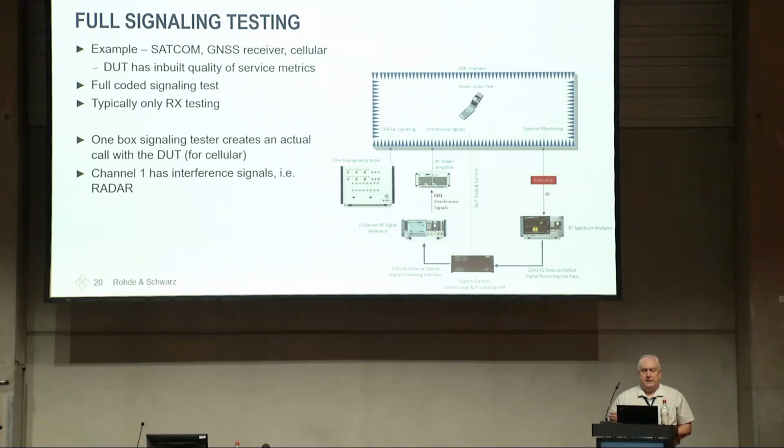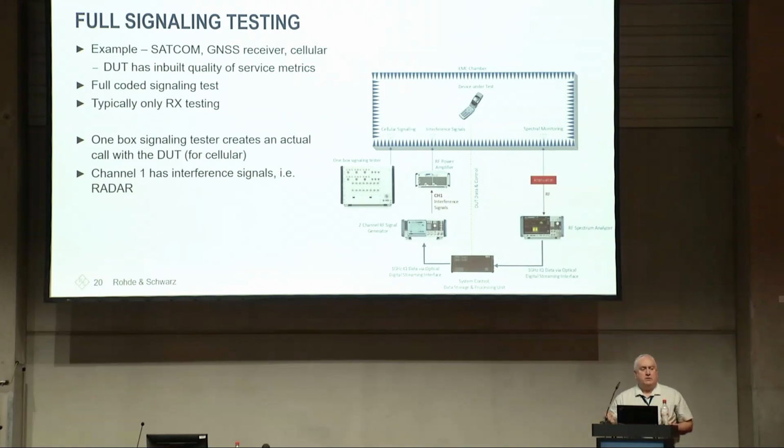It can tell you bit error rate and packet error rate and all sorts of other things. Other examples would be a SATCOM system, GNSS. GNSS receivers have all sorts of inbuilt metrics to give you an idea of whether they're working properly, RAIM, for instance. And in this case, we're typically looking for a fully coded signaling test.